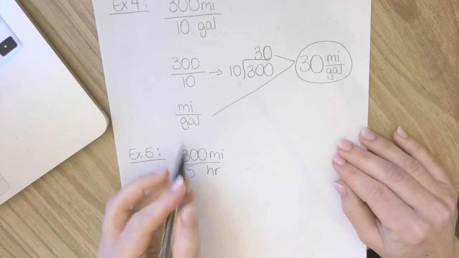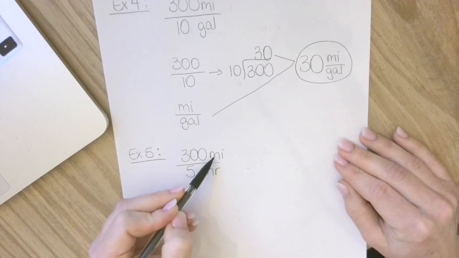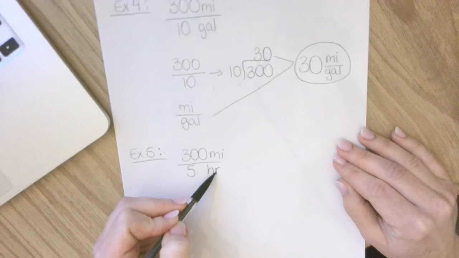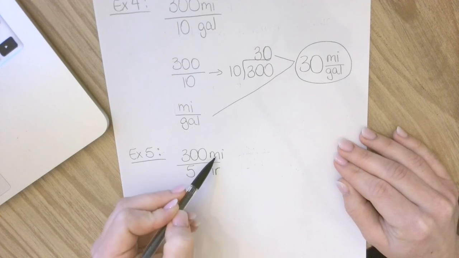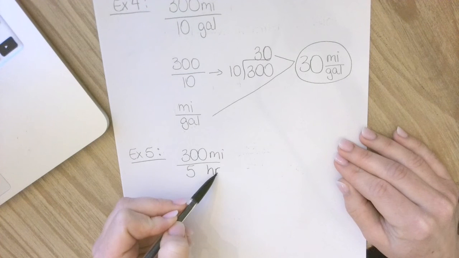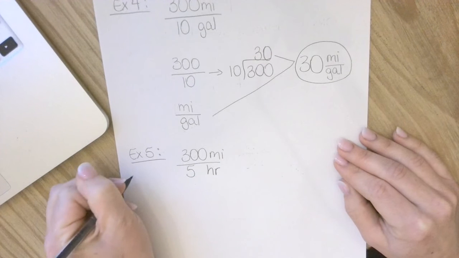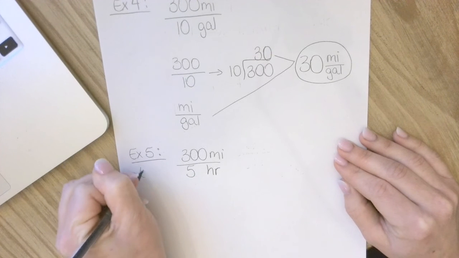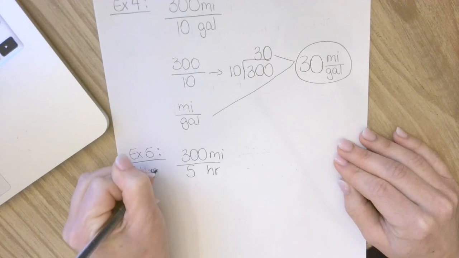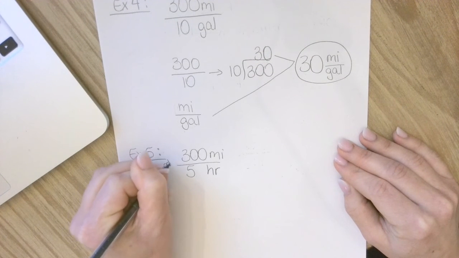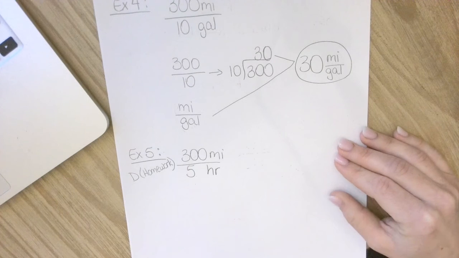Okay, so because these units cannot be canceled out because they're so different, and because they cannot be combined, I get to leave my units just how they are. Okay, and for those of you that are wondering, this is letter D on your homework. Okay, so you have a freebie there.